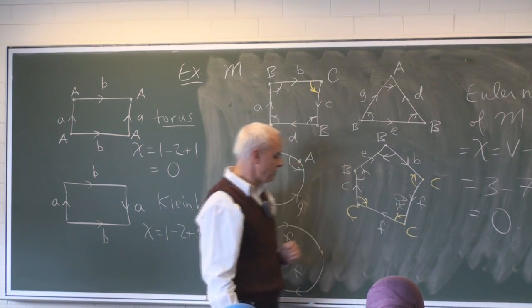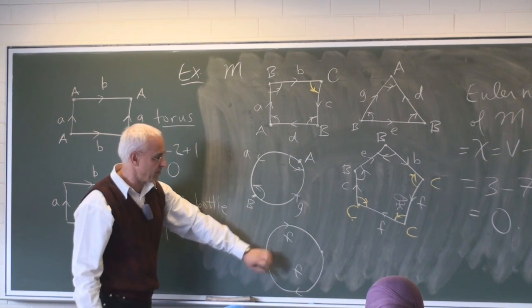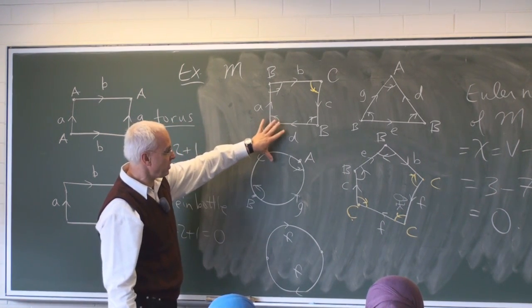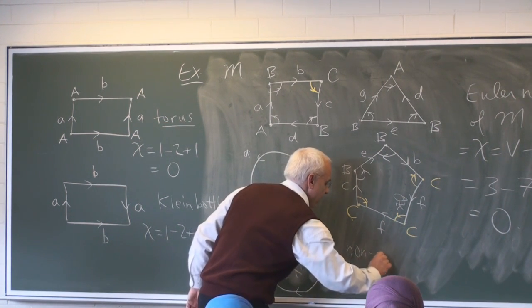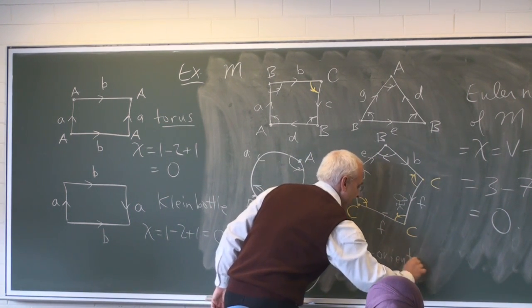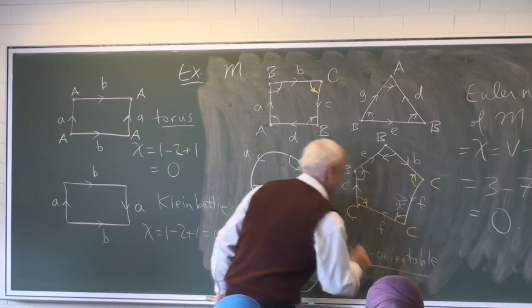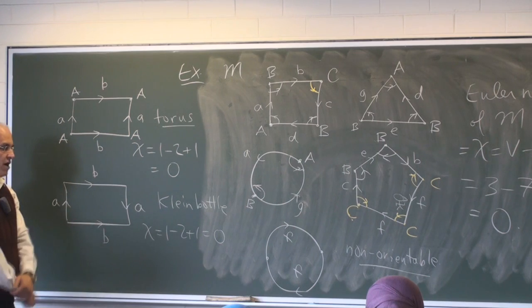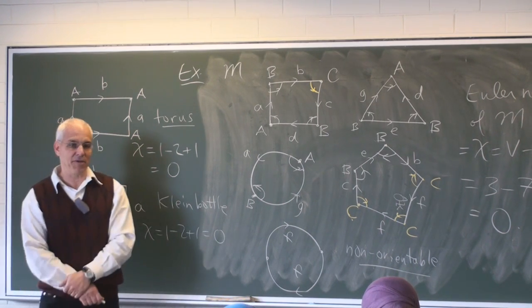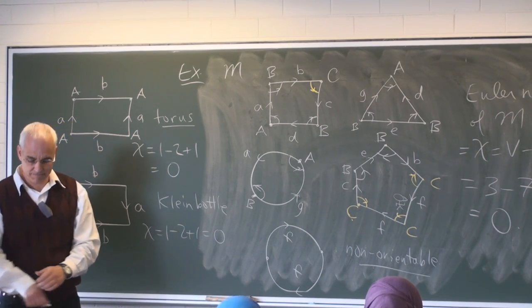So these two edges being here like this means that we're essentially in a similar situation. So this thing here is going to be non-orientable, whatever it is. So it's possibly the Klein bottle, or maybe it's some other thing which we don't know about yet.